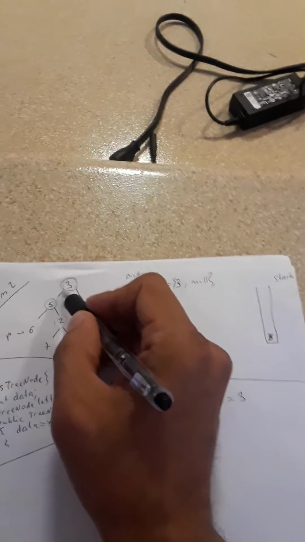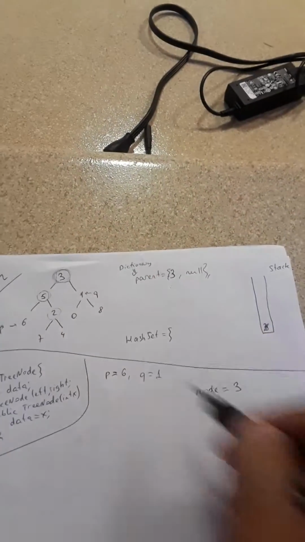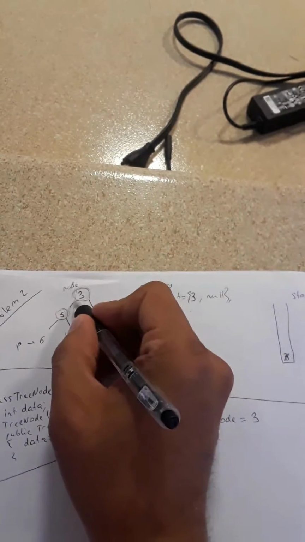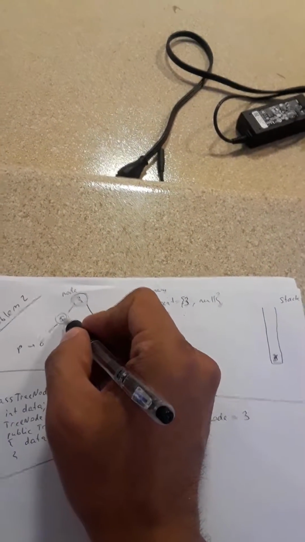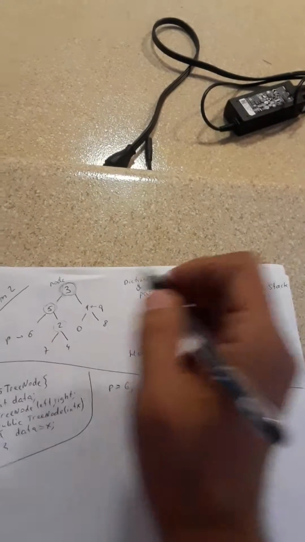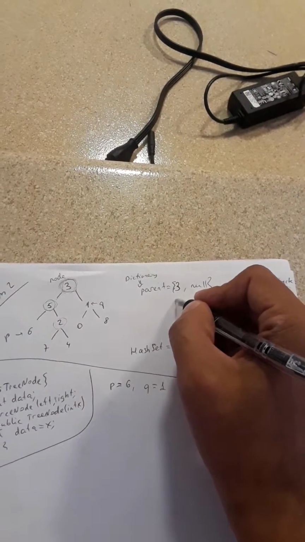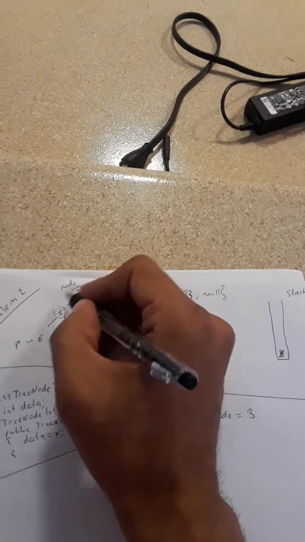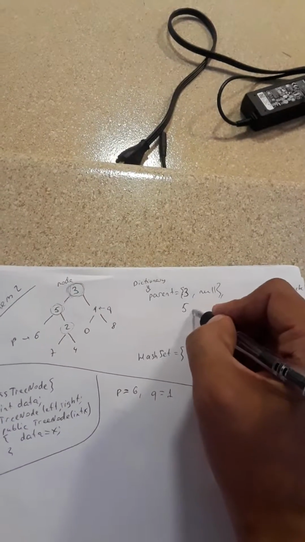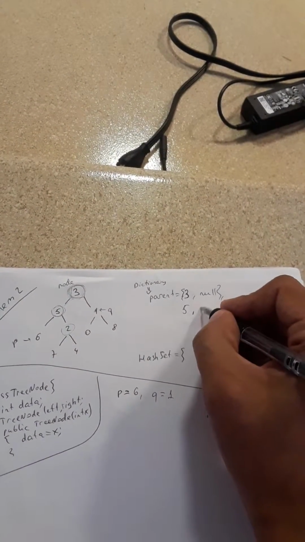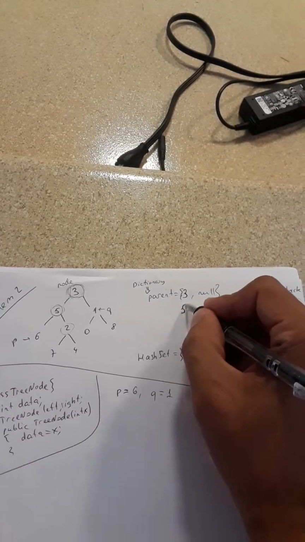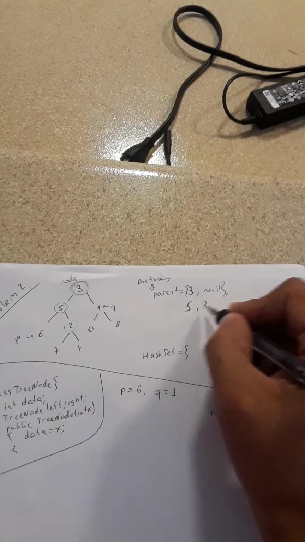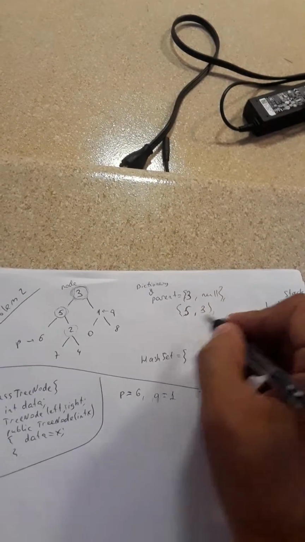I will go to the left of that node. Here is the node, then I go to the left. If it's not null, I will add it to the parent dictionary. So the node's left child, which is 5, will go as a key, and the node itself will go as a value into the dictionary.